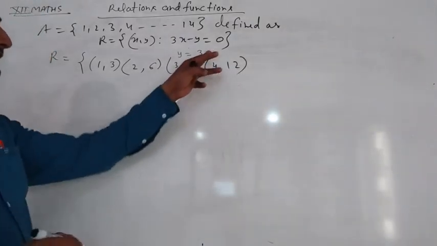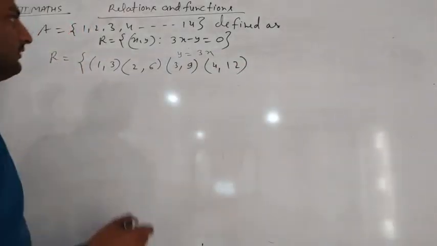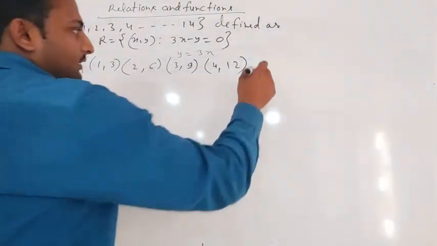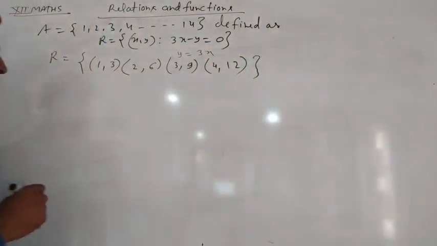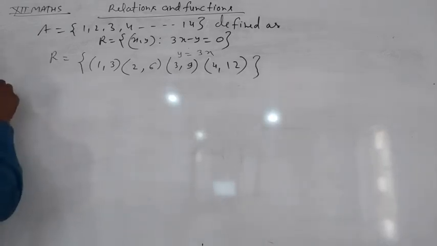If we take 5, we get 15, and 15 is not lying in the set. So the relation is {(1, 3), (2, 6), (3, 9), (4, 12)}. Now, on the basis of this relation, we check reflexivity.